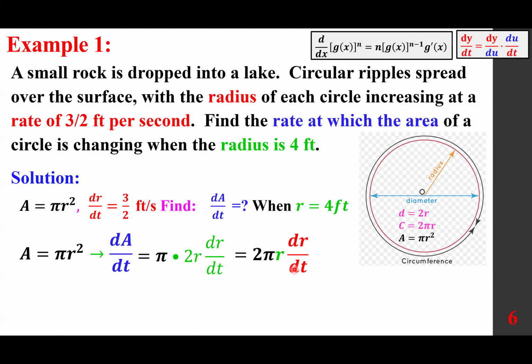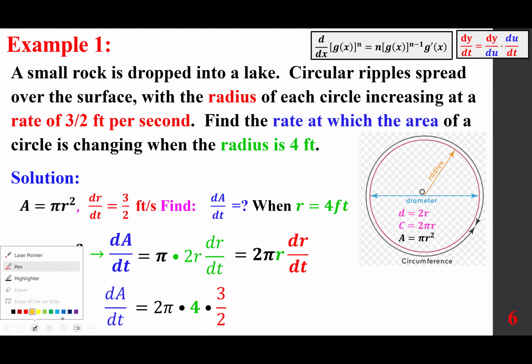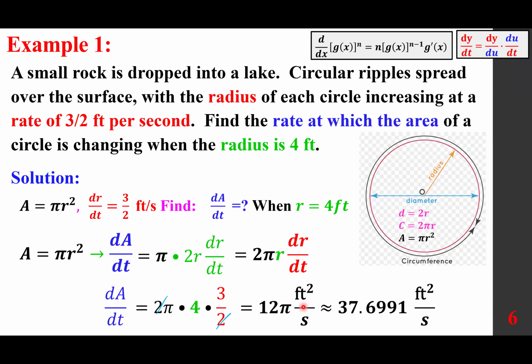Replace the r with 4 feet, dr/dt with 3/2 feet per second. And you get 12 pi, units of the area over units of time, square feet per second. So 12 pi. This is the exact answer. Roughly 37.6991 square feet per second. This depends on how many decimals they ask you.